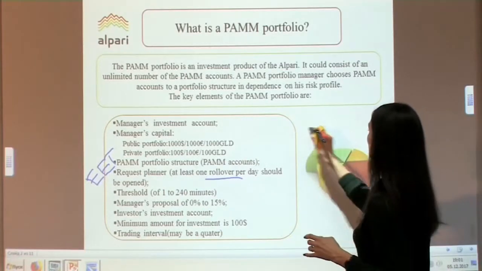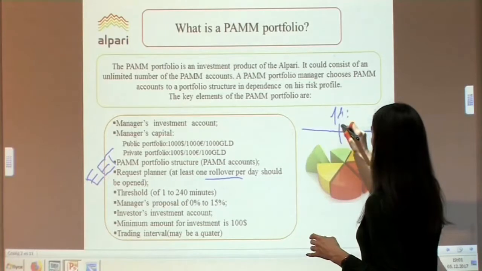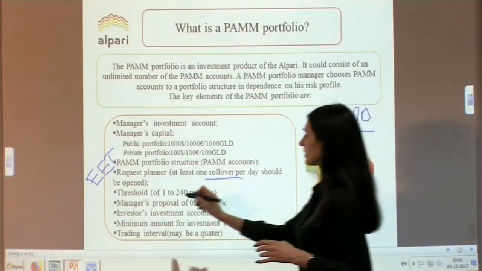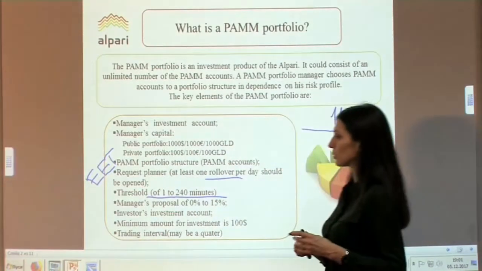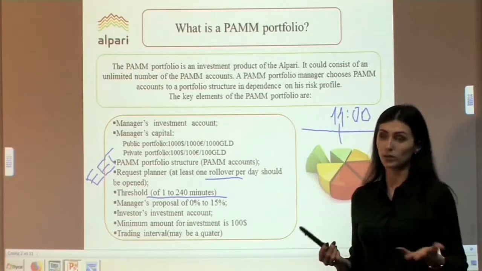Let's consider an example. Let's say that an open rollover is set for 11 a.m. As you can see, the threshold may be from 1 minute to 4 hours.